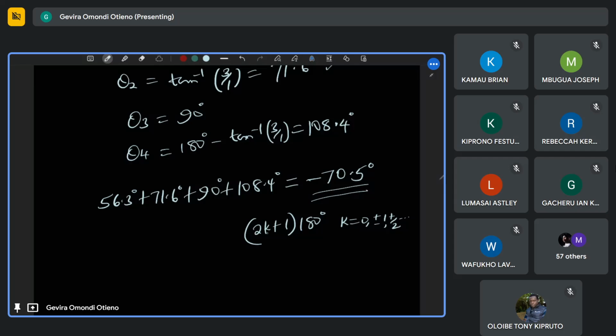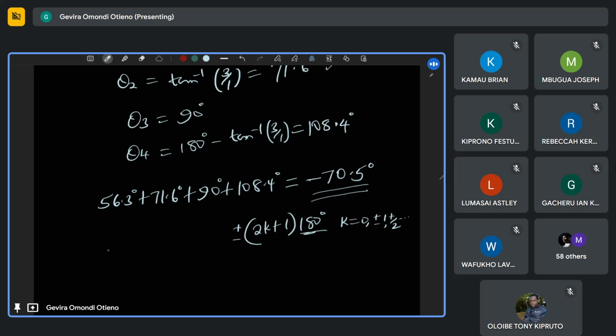So that K ensures that it is an odd multiple of 180 degrees, with the smallest angle being 180. And remember, it can be plus or minus. So here, in this case, the angle is minus 70.5 degrees. Clearly, that is not anywhere near being 180 degrees or even an odd multiple of 180 degrees.